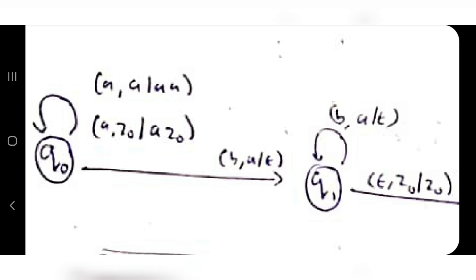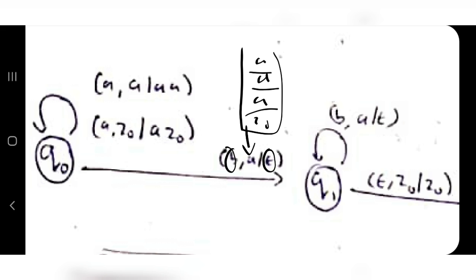Then after that, if I encounter b and the top of the stack is a, I should pop it. Epsilon means pop. Suppose that the stack is z0, a, a, then I encounter a b, the top of the stack is a, I should pop it. So this will be erased, and what I have is one a left. Whenever I encounter b, I will move on to the q1 state, because in q1 I should just accept b's.